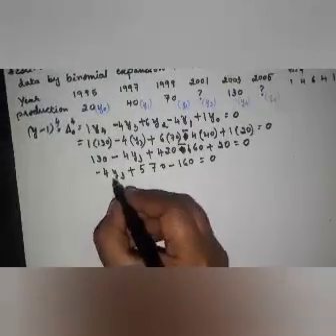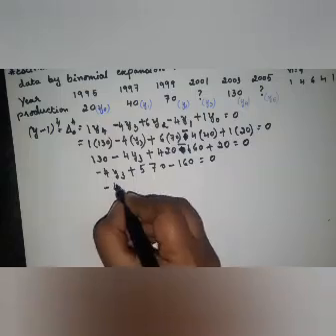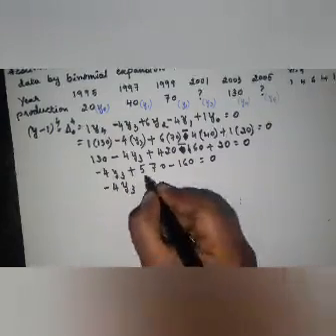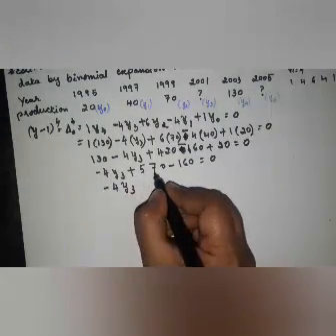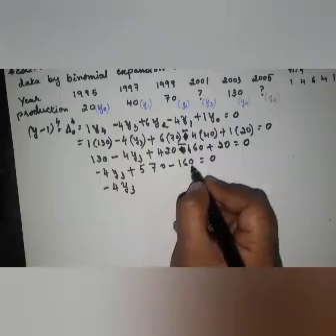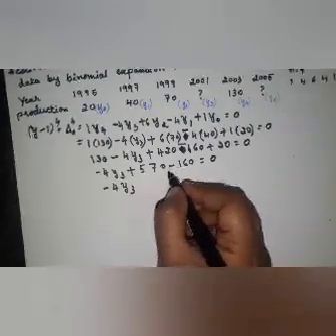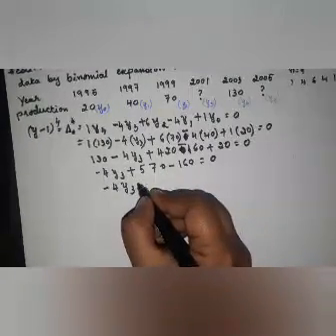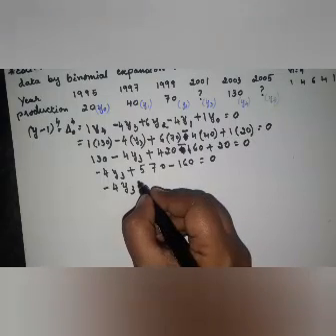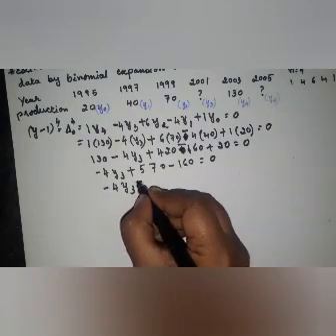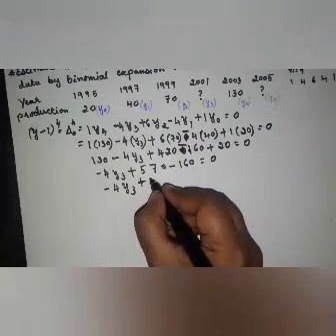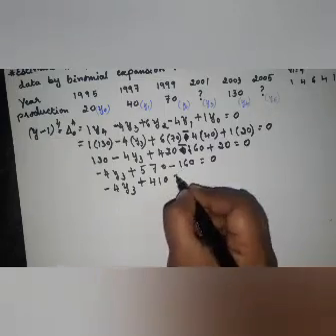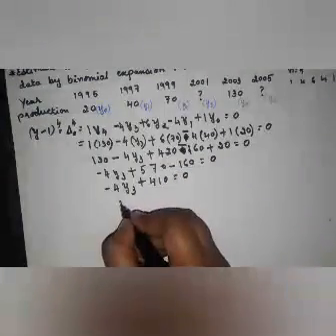So minus 4y3 plus 570 minus 160, one is negative and the other positive, so subtract: that is 410, is equal to 0.